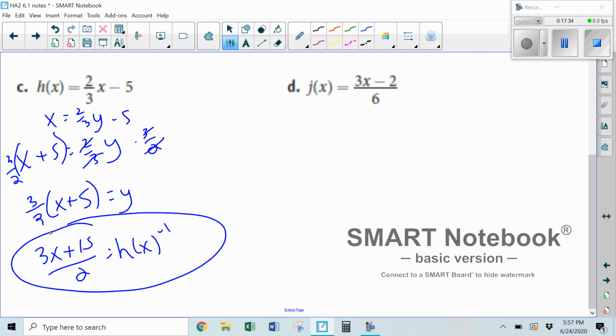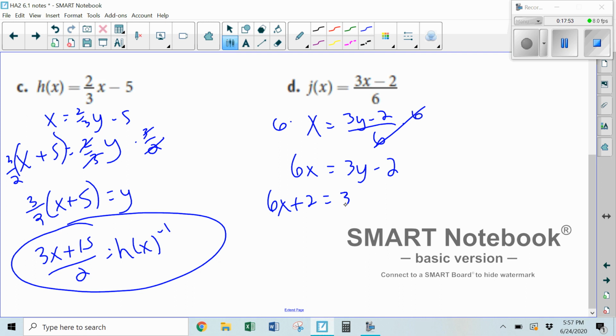And for the last one, change it to a y, flip x and y. So what goes first here? I would multiply by 6 first on both sides. Then add 2 to both sides. Then divide by 3.